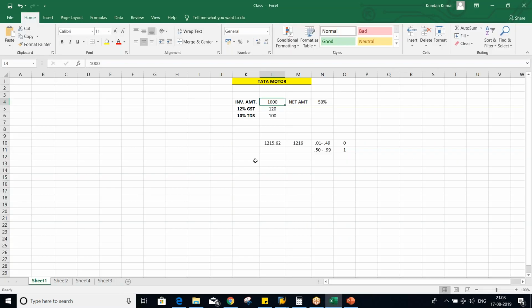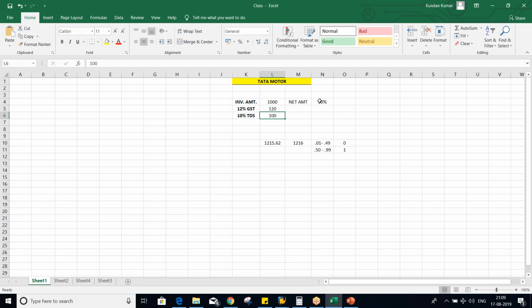Okay, so now if we say how much this 10% TDS is going to be deducted, this tax code also determines what percentage of the base amount is subjected to tax, on which portion of the base amount the tax is going to be deducted.